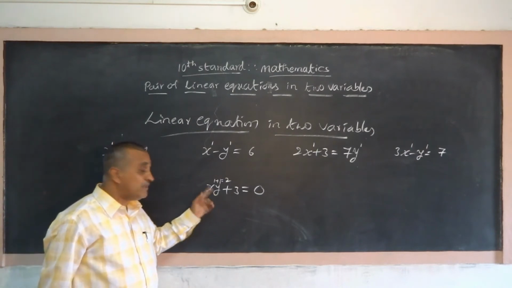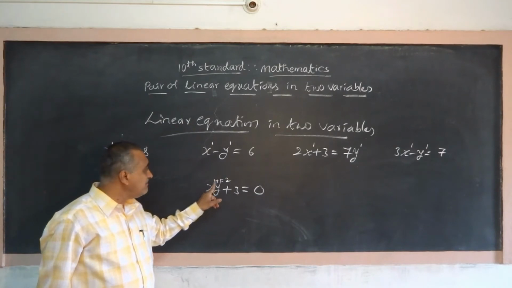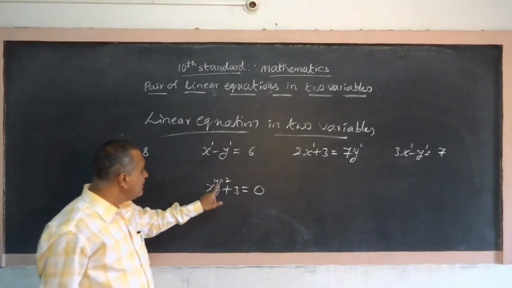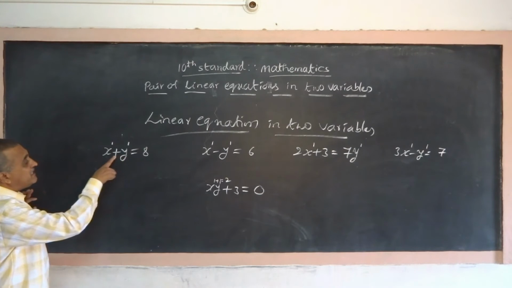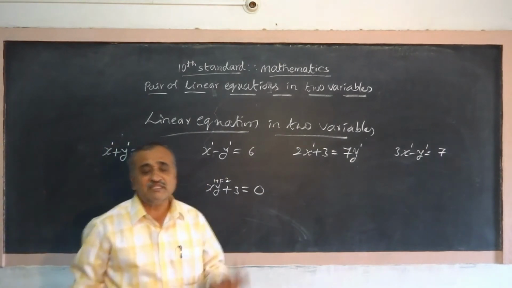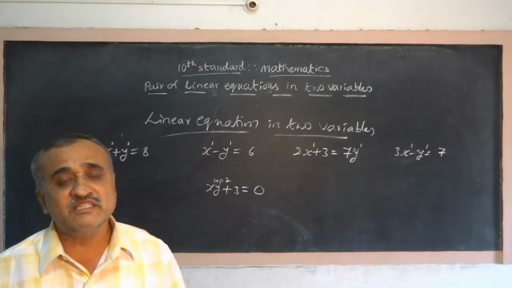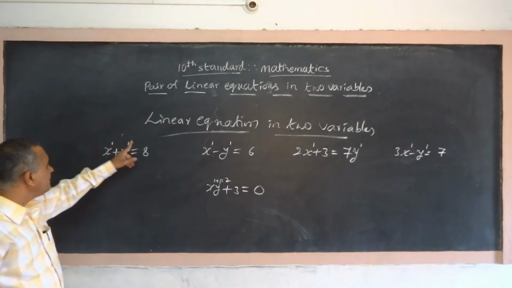Between the two variables, if multiplication exists, we consider the highest degree as 1 plus 1, which is 2. Now here, between the two variables there is plus or minus. When plus and minus come, we consider it as a single variable, and for that we take the highest degree as 1.